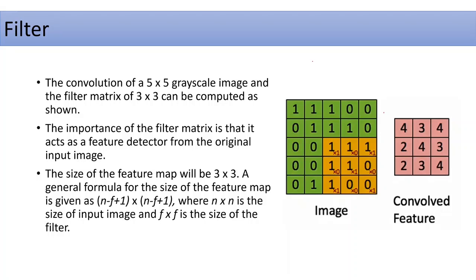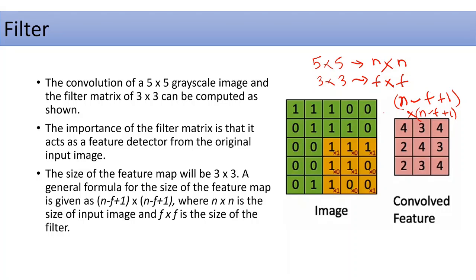We have the size of our input image as a 5 by 5 matrix, which can be denoted as an n by n matrix. Our filter is a 3 by 3, which can be written as an f by f matrix. So the size of the feature image is actually just given by a simple formula, which is n minus f plus 1 by n minus f plus 1.